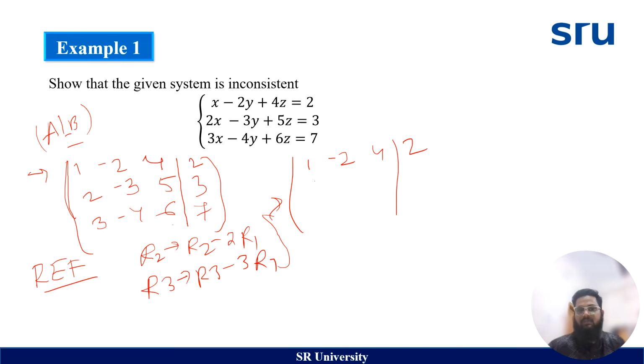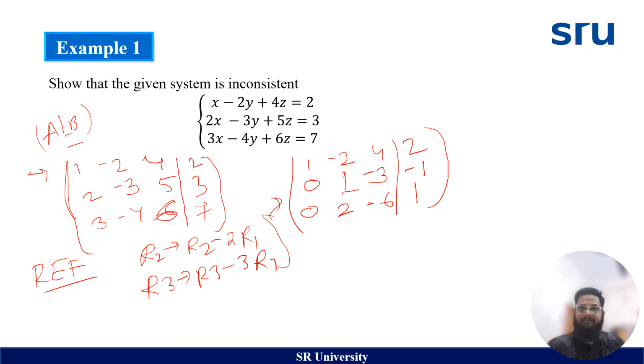So 2 minus 2 is 0, minus 3 plus 4 is 1, 5 minus 8 is minus 3, 3 minus 3 is 0, minus 4 plus 6 is 2, then 6 minus 12 is minus 6, then 7 minus 6 is 1.